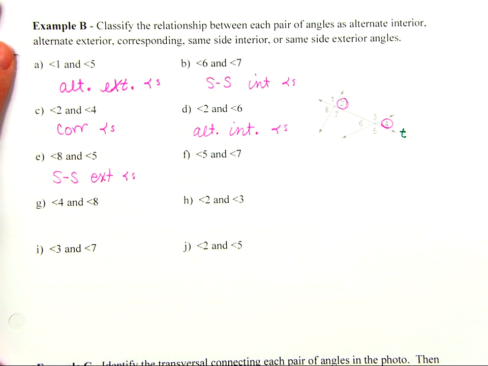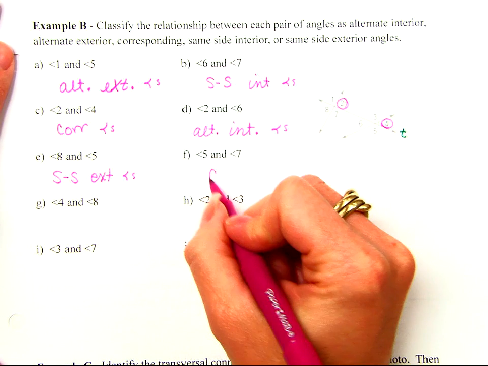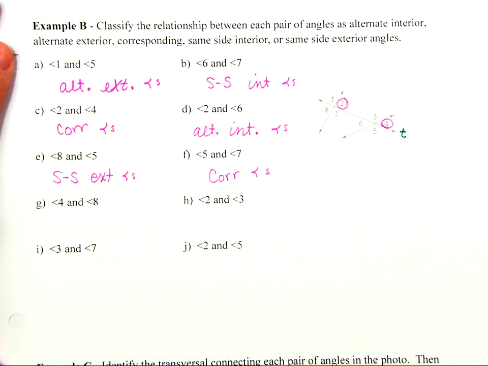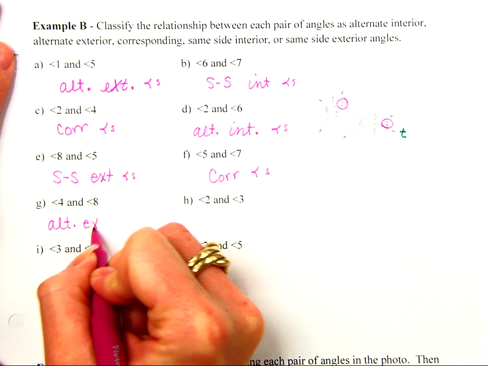Well, again, 5 and 7 are just across from my 2 and 4. They are going to be corresponding. 4 and 8. They are going to be alternate exterior.